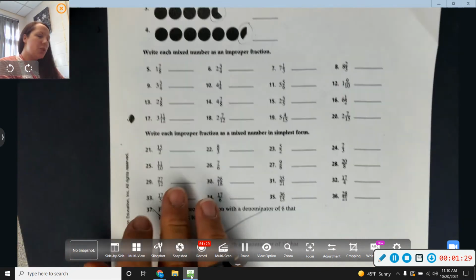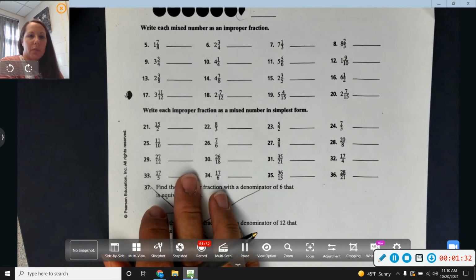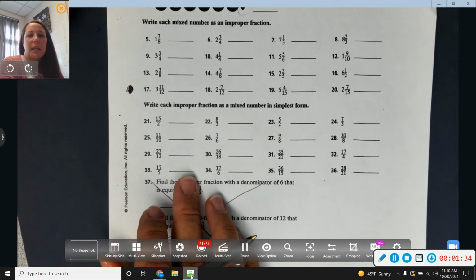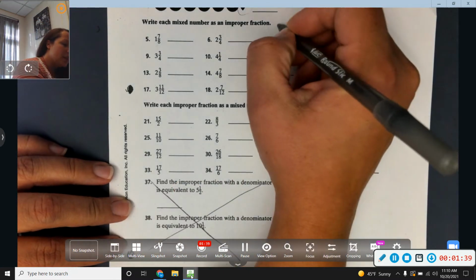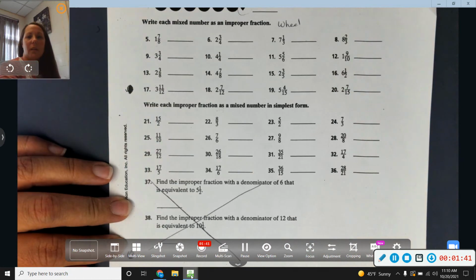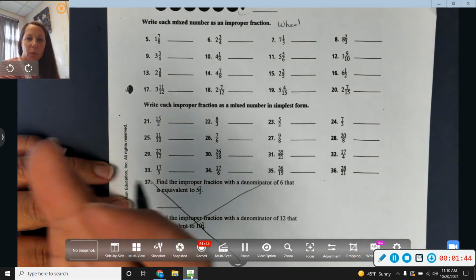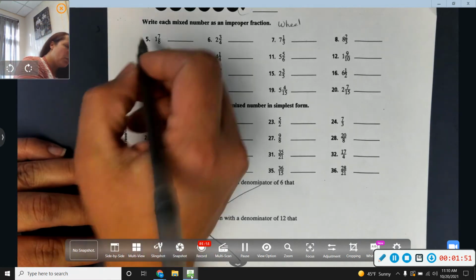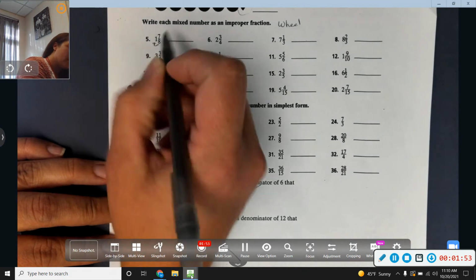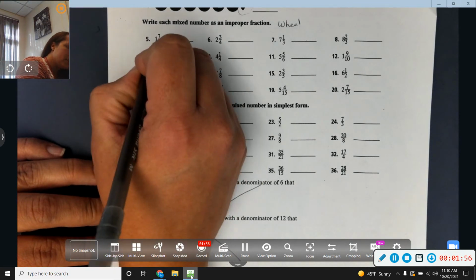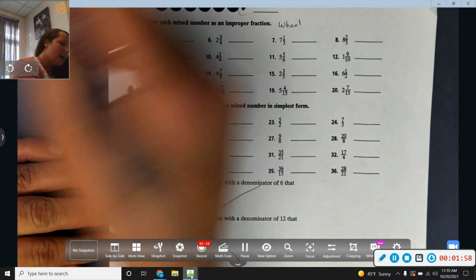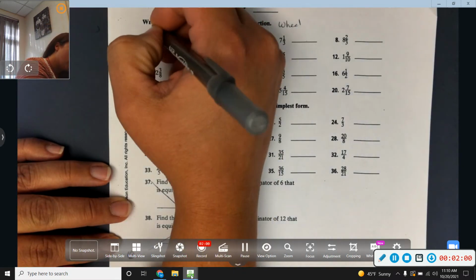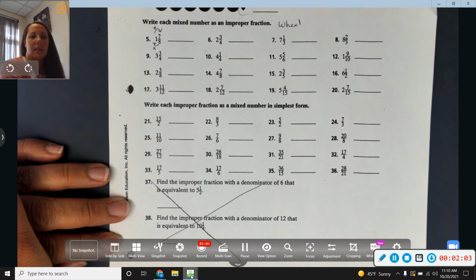So then when we jump down to 5 through 20, it says write each mixed number as an improper fraction. This means to "wheel." I'm going to do a few of them with you, and then I want you to do the rest and practice them on your own. When we wheel, we take 8 and 1 and we multiply them, and then we take that number and add the 7.